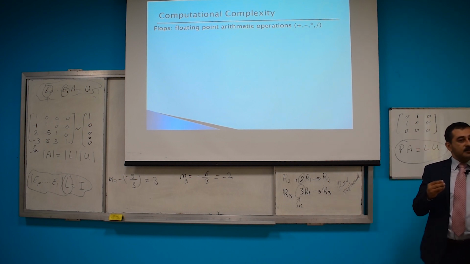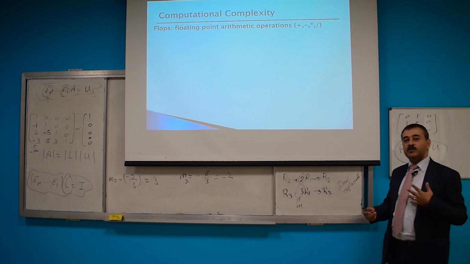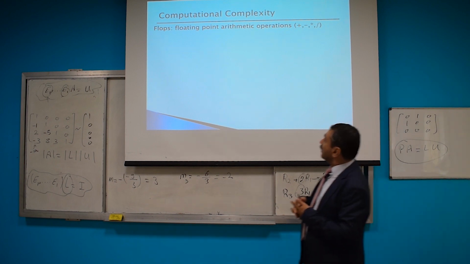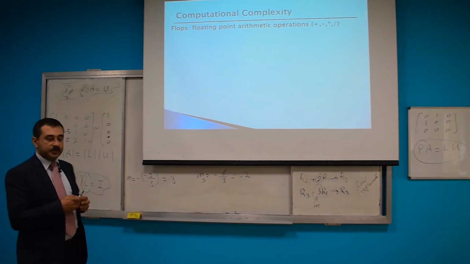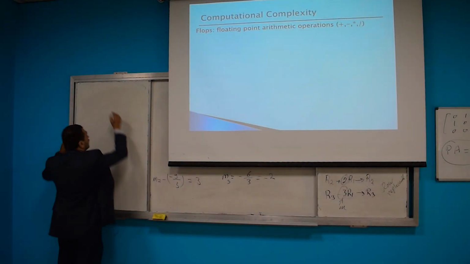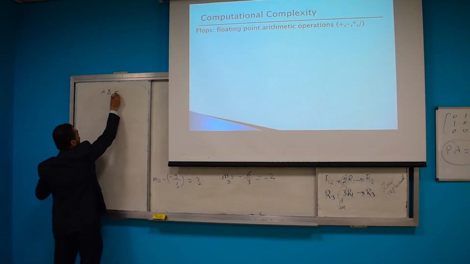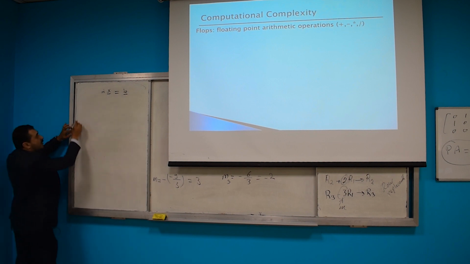So let's start with Gauss elimination with back substitution and see how many arithmetic operations you need to get your solution. I'm going to solve AX equals B. So we start by writing the augmented matrix.